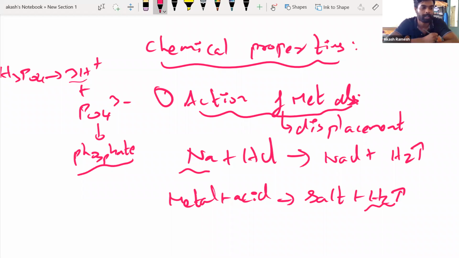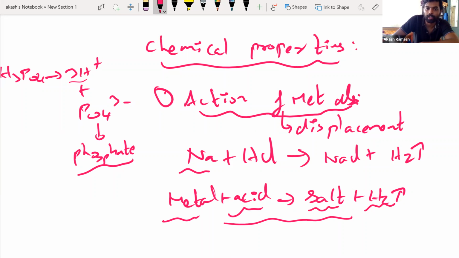When you bring a burning matchstick, it will burn with a pop sound. I hope everybody remembers. So this is the general equation: a metal reacting with acid is going to form a salt. You can see here the salt formed is NaCl, and hydrogen gas is getting liberated.